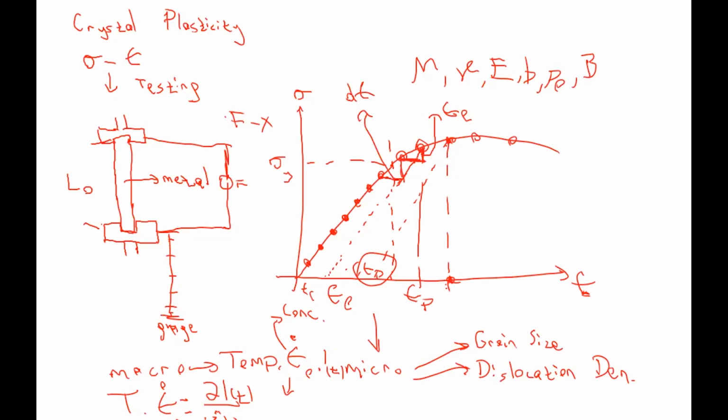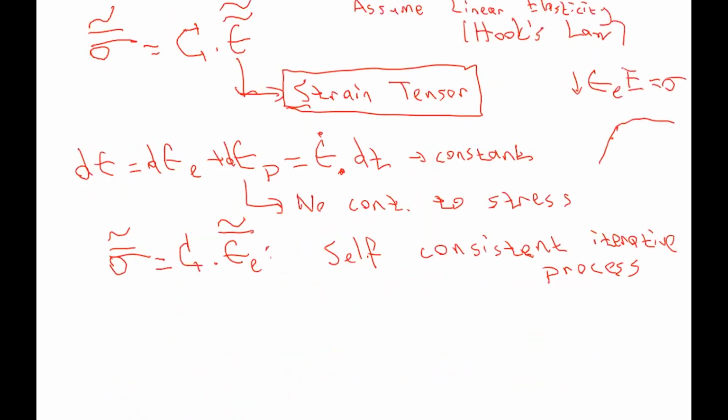We know delta epsilon in every step, right? These are all delta epsilons. This is delta epsilon from here to here. We know what delta epsilon is. And what we want to know is actually this guy right here. We want to know the elastic strain.